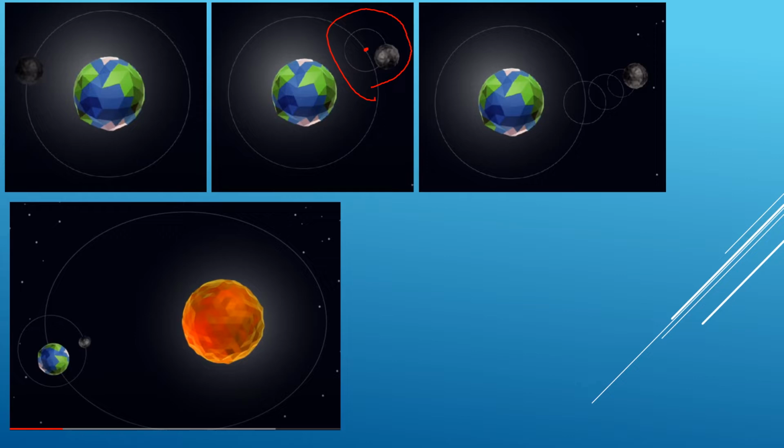Now we know that these planets, stars, etc. are not moving in circular paths. Instead they move in elliptical paths. So you can see here the sun at the focus, and then the earth is moving in an elliptical path, and around that the moon is moving.